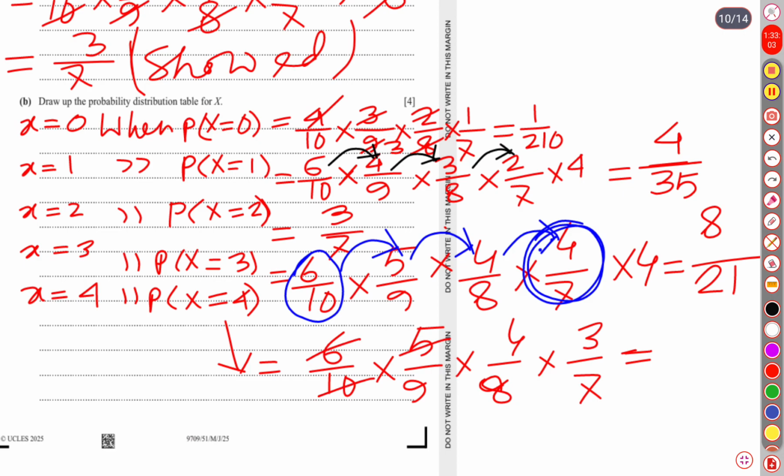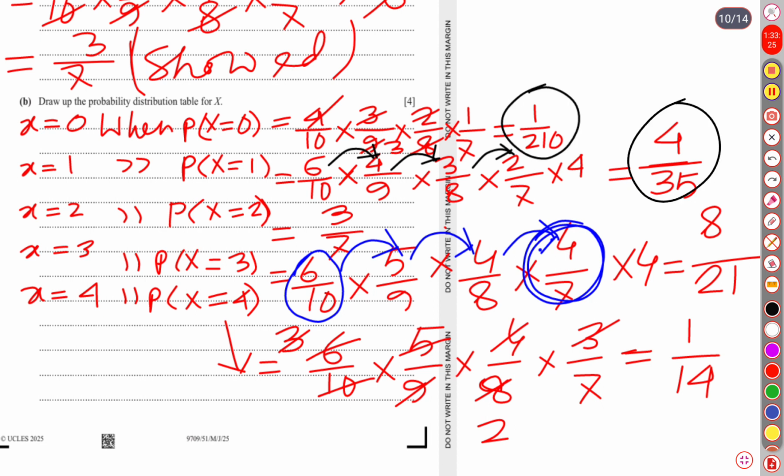If we divide, it is going to be 3. Then these 3 and these 3 are 9. Then 4 is going to be 2. So finally it is 1 over 14. So these are all the 5 possible cases of probability of picking up blue marbles.